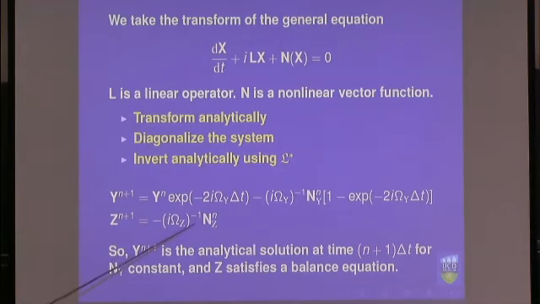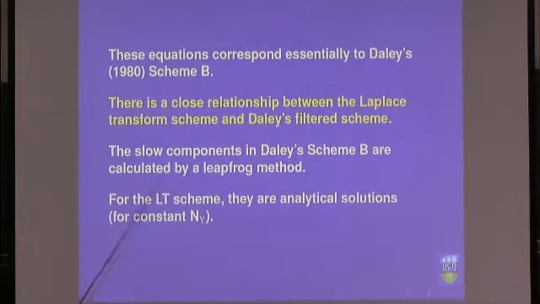And for the fast components, we have the usual balanced fast waves, which is nice. And this compares very closely to Daley's scheme B. But the advantage for the Laplace transform scheme is that we actually have the analytical solutions, whereas with Daley's approach, he would use something like a leapfrog method to advance the slow components.